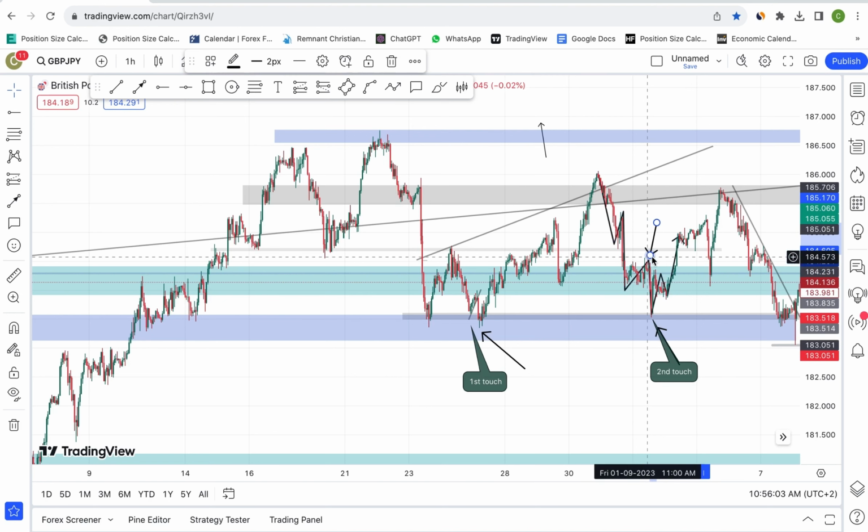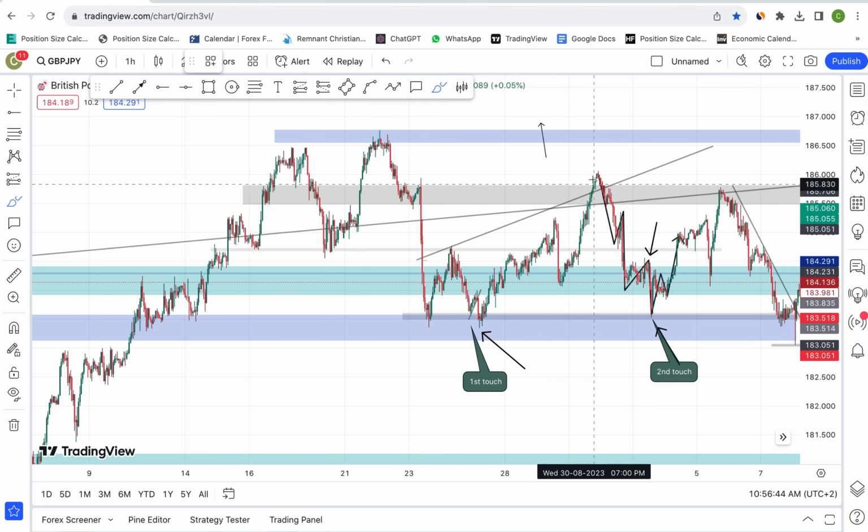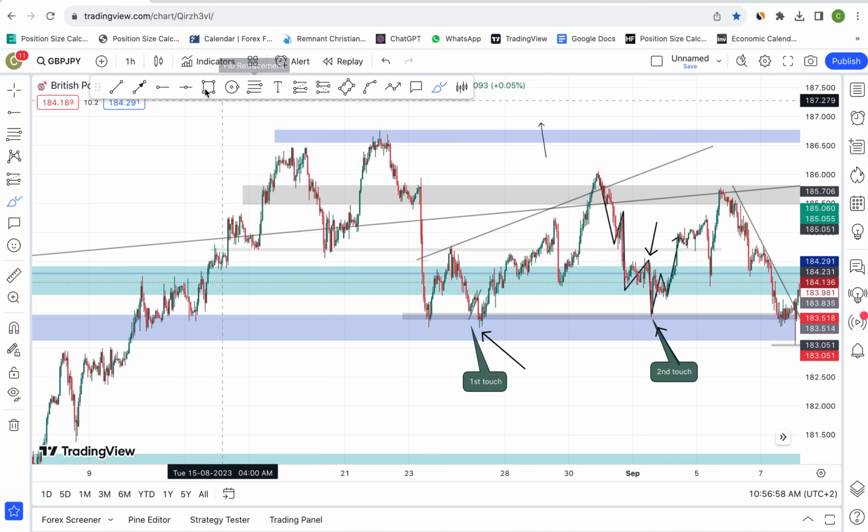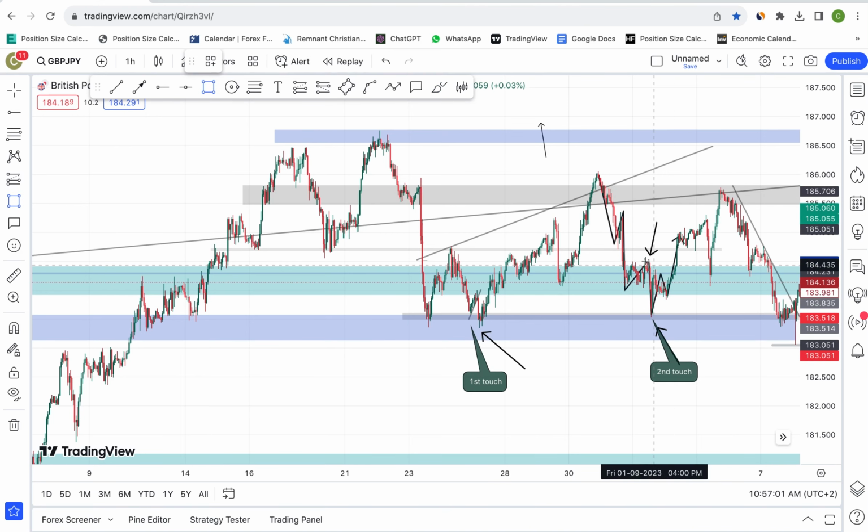We will consider this as the last higher low of this trend. So the last higher low was this area right here.